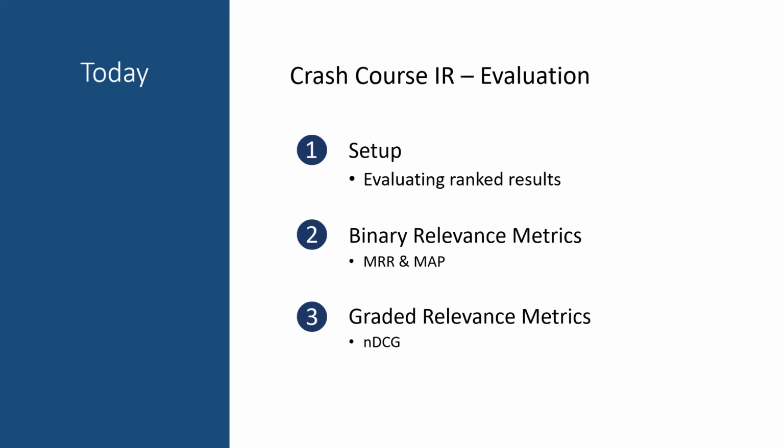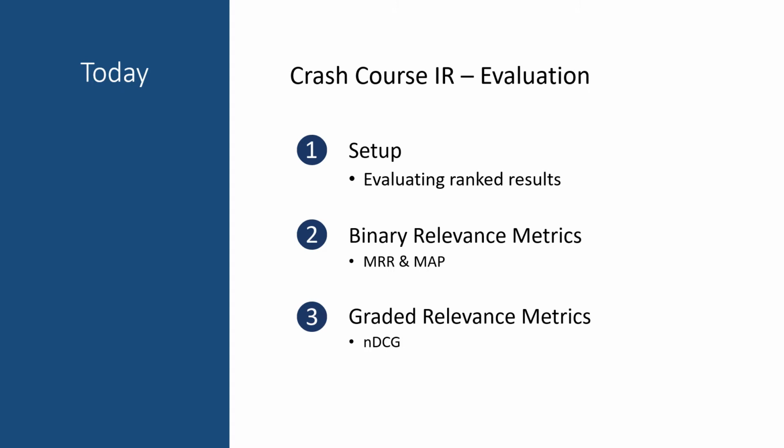Today we will talk about three things. First, the general setup of how we evaluate retrieval results that are represented by ranked lists, which is a little bit different to other machine learning applications where we don't have lists to evaluate.